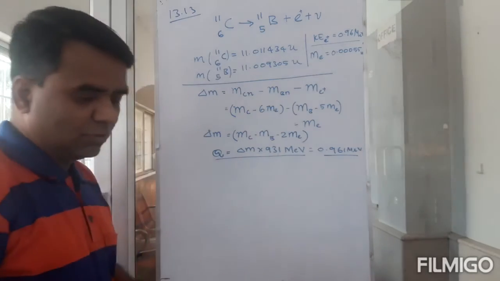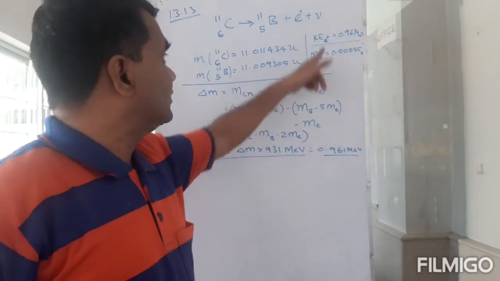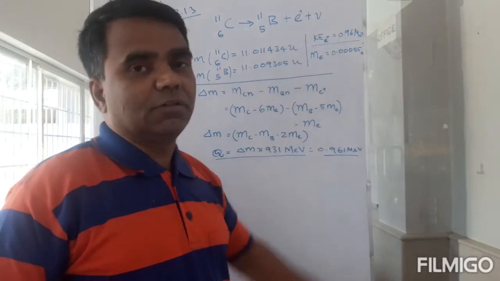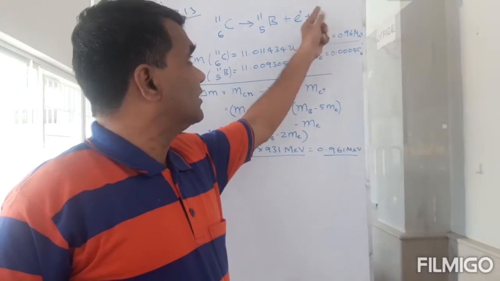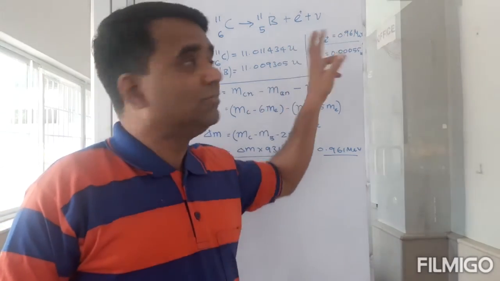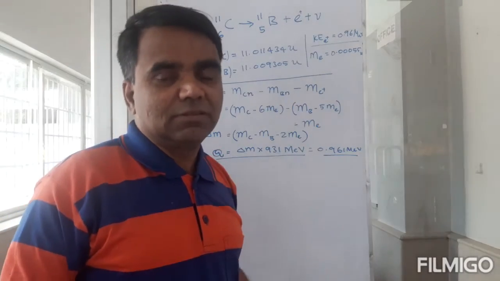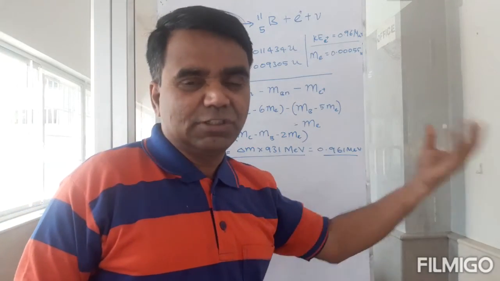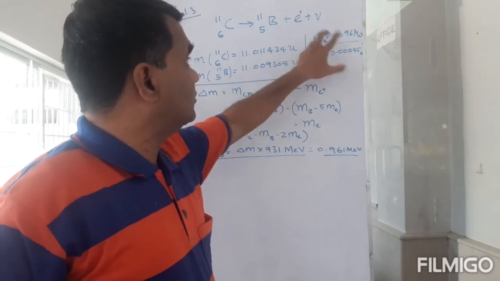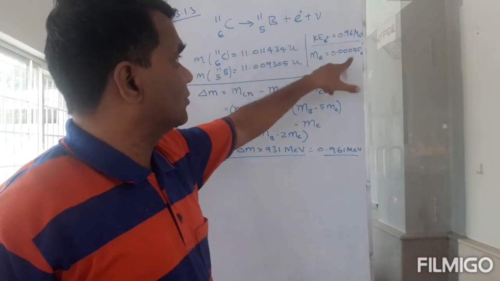It's understandable. So all the energy is going to be with the positron emitter, and the energy of the neutrino can be ignored because it has a very low mass. So almost all the energy will be with the positron at one end.